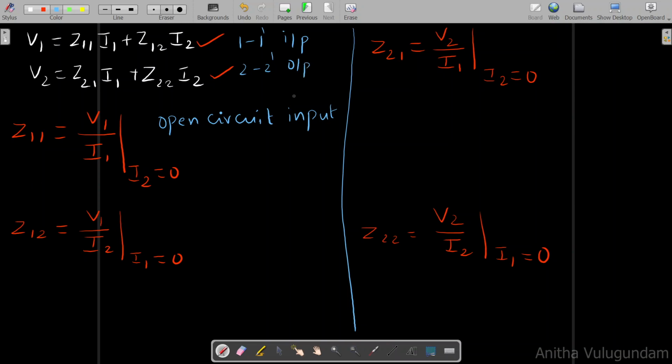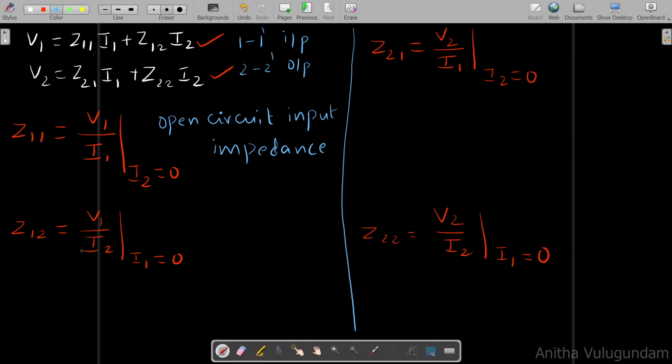Port is a pair of terminals at which a signal can enter or leave the network. And as this is the ratio of variables at port 1, I'll write this as input. Next, V by I is nothing but impedance. So Z11 is defined as open circuit input impedance.